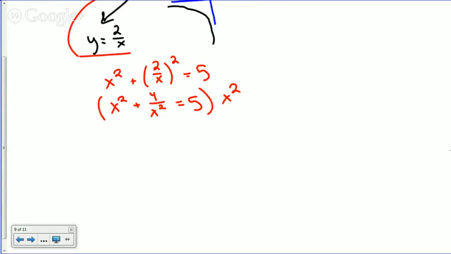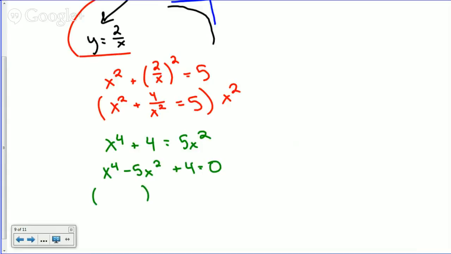So then we get x to the 4th plus 4 equals 5x squared. Again, that's just a different form of a quadratic, so we'll move everything to one side. It's x to the 4th minus 5x squared plus 4 equals 0.